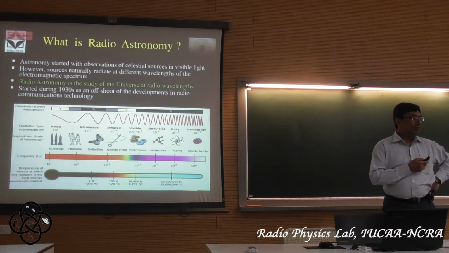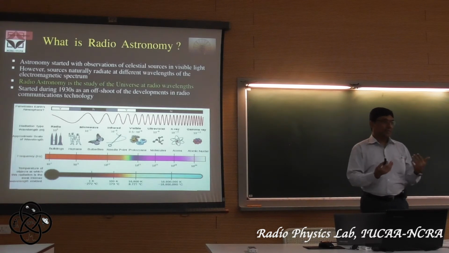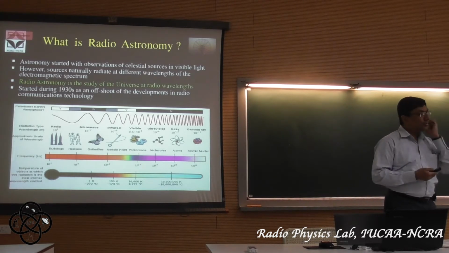So when man learned to generate electromagnetic waves, who's the first person who produced electromagnetic waves? Hertz. If you are a proud Indian, you will say J.C. Bose, right? Okay, so that controversy exists, but never mind all that. People learned how to generate electromagnetic waves, and then you learn how to receive them. To receive it, you need to build the equipment which can detect that signal and show you the result from that.